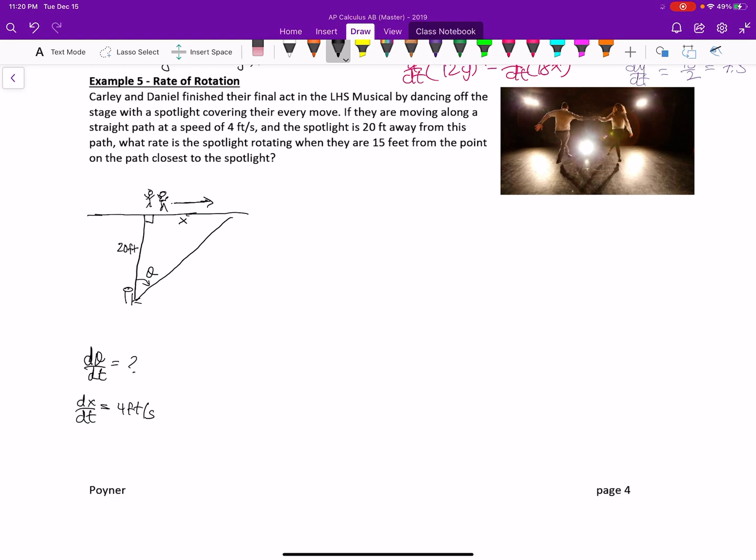The only way I can get an angle in a right triangle to relate to the sides is to use trig. So I'm going to use tangent of θ equals opposite, which is x, over 20. Then we take the derivative with respect to time: d/dt of tangent θ and d/dt of 1/20 times x.